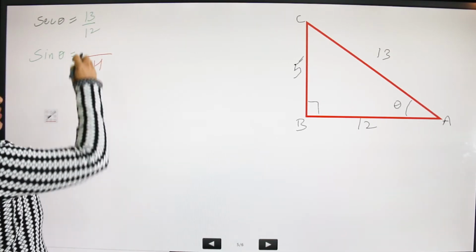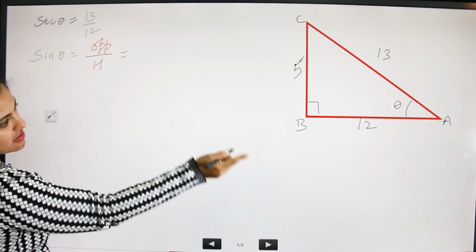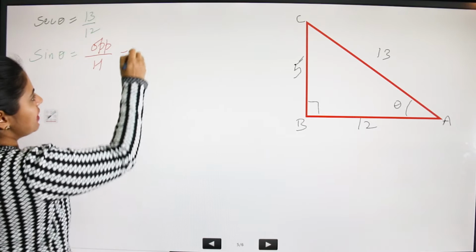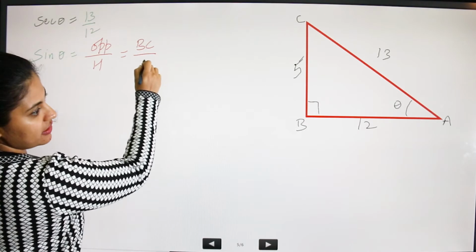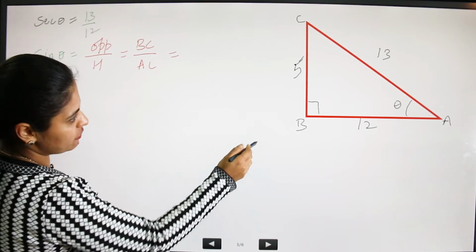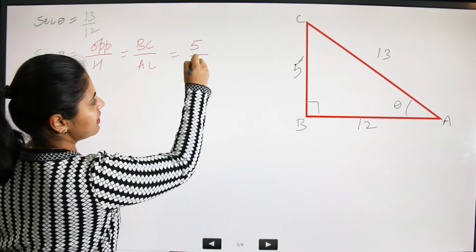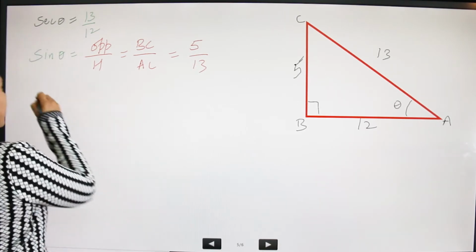The opposite side to theta is BC, divided by the hypotenuse AC. BC is 5 and AC is 13. So 5 over 13 is the value of sine theta.